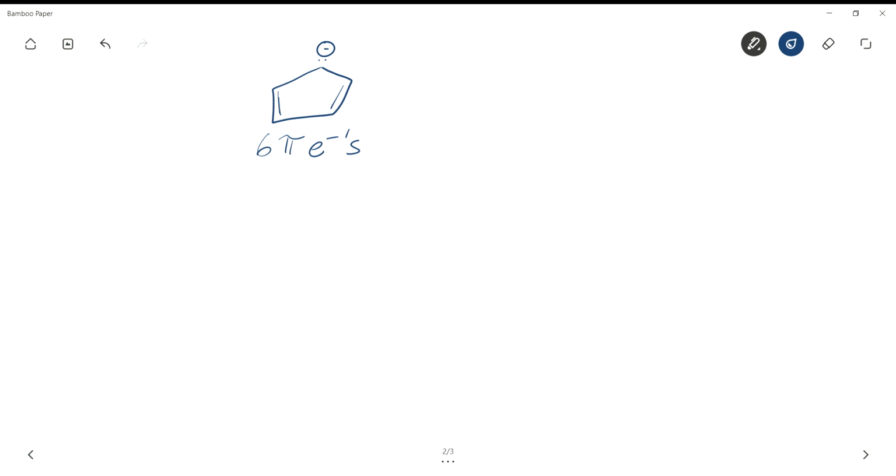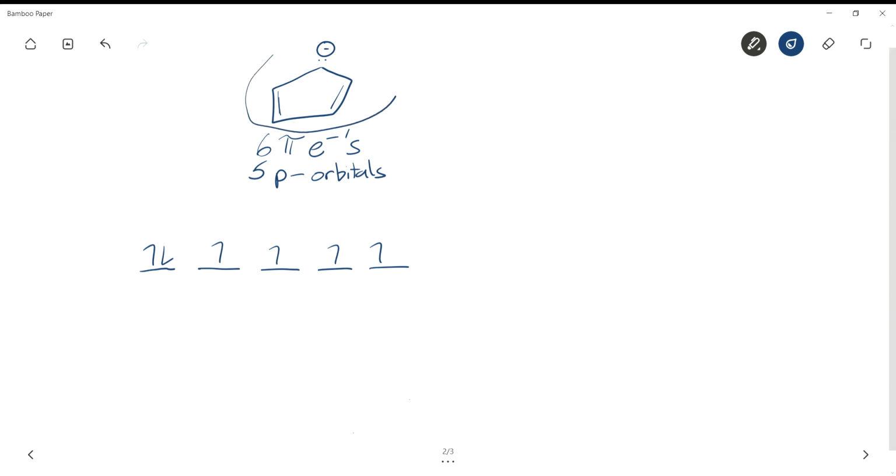Now we're going to ask ourselves how many p orbitals are there, and there are 5 p orbitals. Okay, so we're going to draw those in. 1, 2, 3, 4, 5. And then we're going to fill in with the electrons, and that's 1, 2, 3, 4, 5, and 6. Now again, I've told you that the shape of the molecule is going to be represented in the MO diagram.